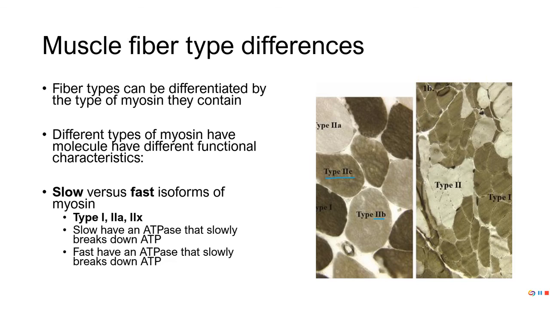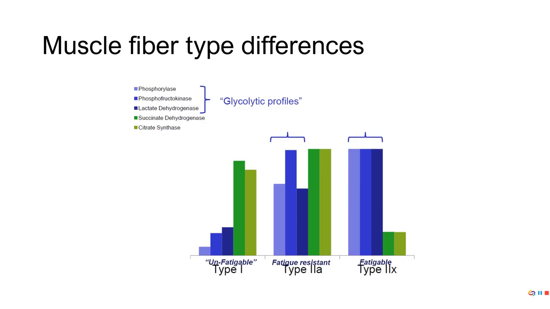Okay, so remember just a second ago I said that there are glycolytic enzymes and there are oxidative enzymes. If we've got type 1, type 2A, and type 2X, the blue bars represent the quantity, or the concentration, of glycolytic enzymes.